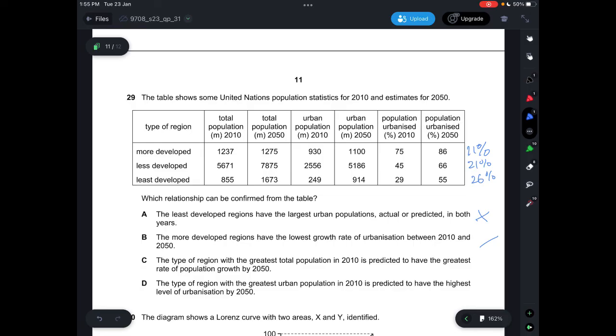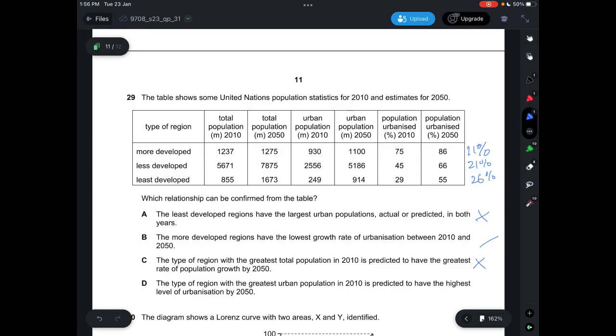For less developed, it increases by 2,204 million, and for the least developed, it increases by around 818 million people, which is almost double the total population in 2010. Compared to the other two on top, it's definitely higher. So the type of region with the greatest total population in 2010, which is less developed, is not predicted to have the greatest rate of population growth. It has to be the least developed region.